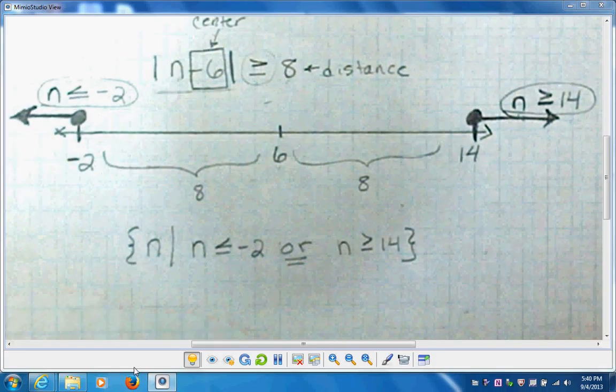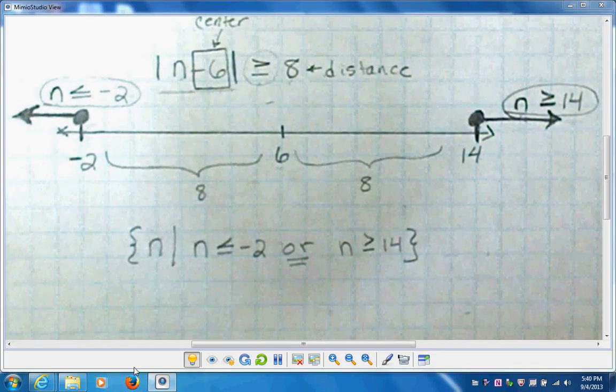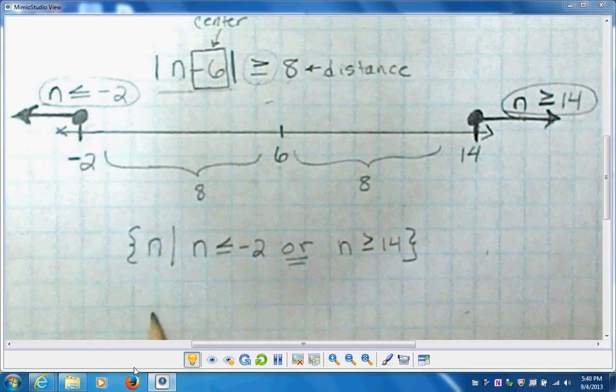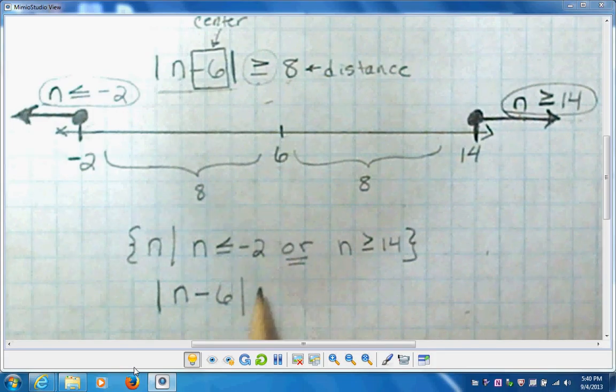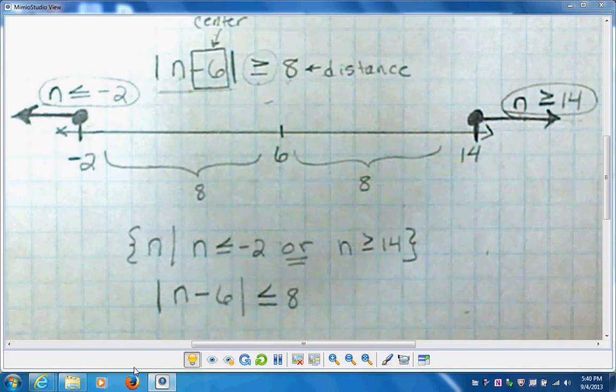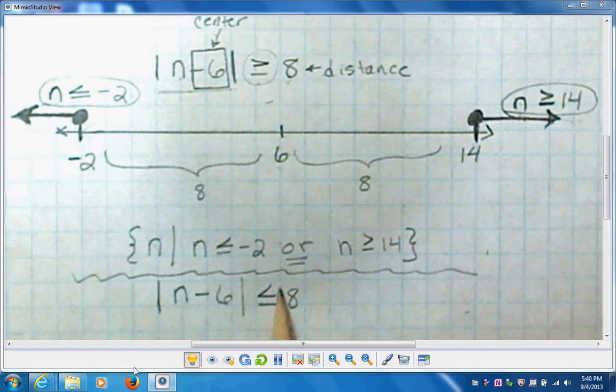So let's turn this around. Let's look at this a little differently, and let's change the problem to be the absolute value of n minus 6 is less than or equal to 8. So now I've changed it, right? It's a different problem because I have a different inequality.